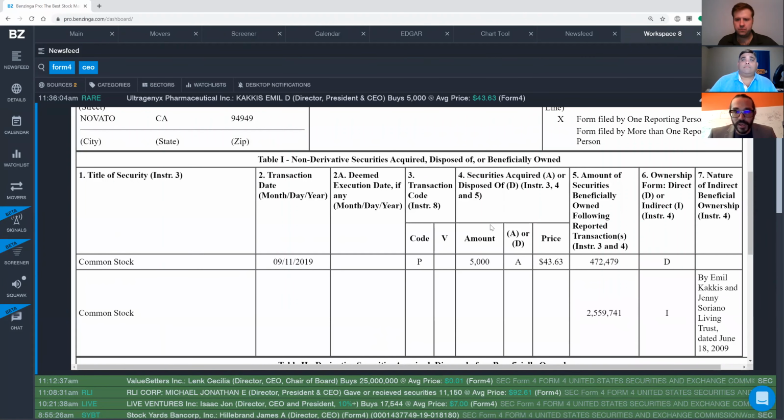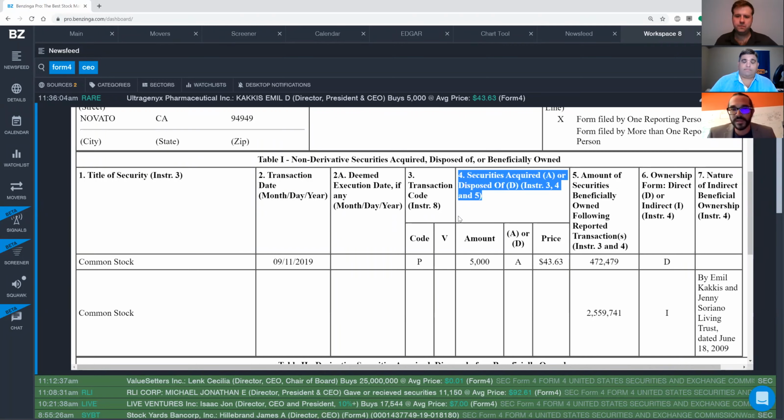There are a couple of important things to note here. Right now, Ryan, your mouse is close to an important column that you want to look at. It's the column that says A or D. Do you see that column? Yeah, right there. In the column heading where the number 4 is, it defines the terms: A is for acquired and D is for disposed.